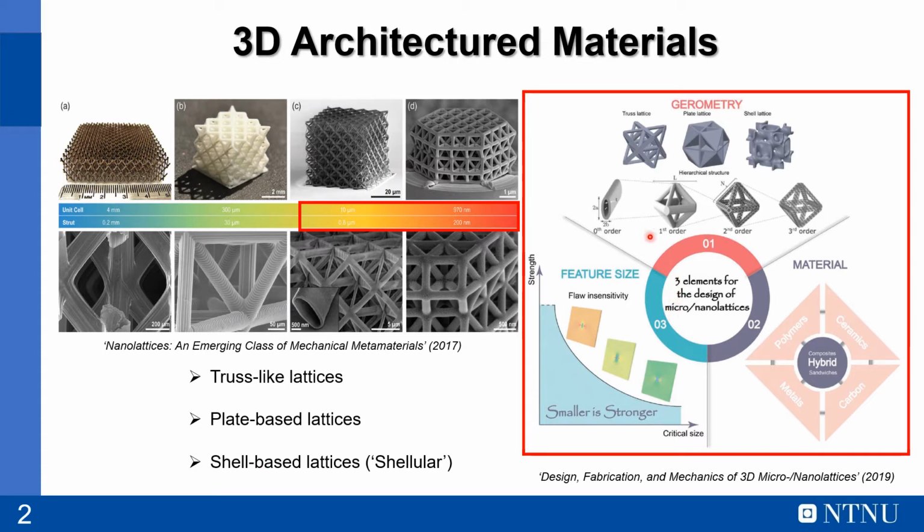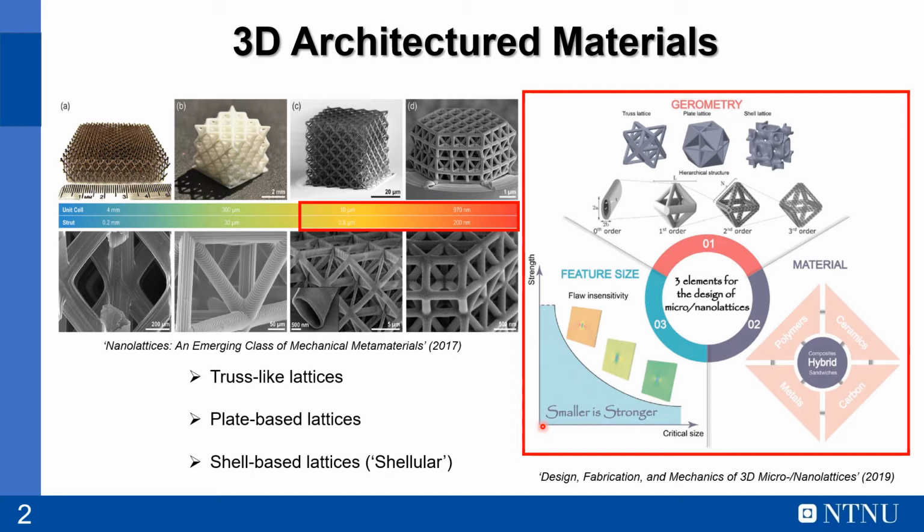The Greer group in the last 10 years found that, additionally, at the smaller scale, at the micro and nano scale, a particular size effect occurs. This effect can be summarized, for some materials, as smaller is stronger or smaller is more ductile.